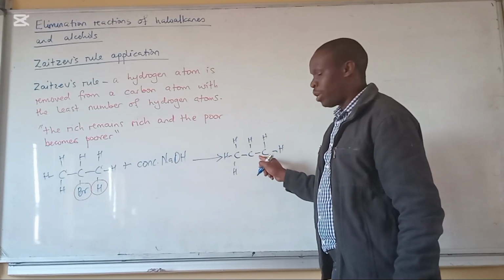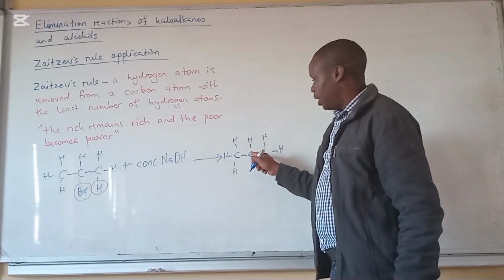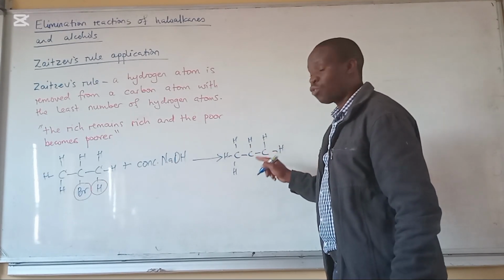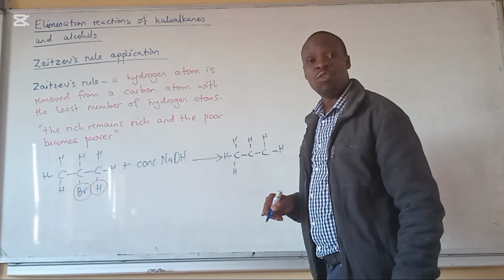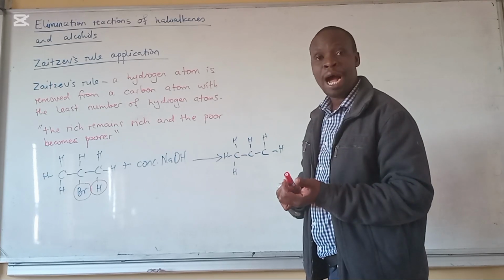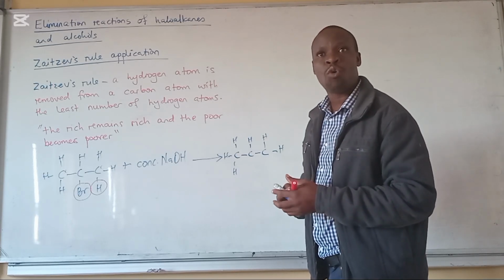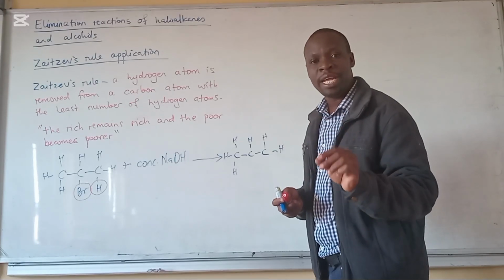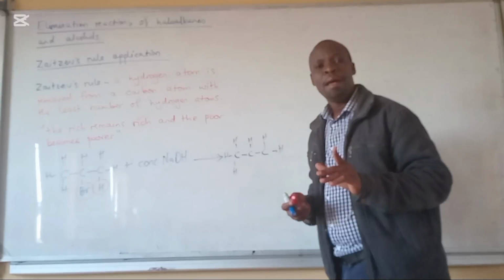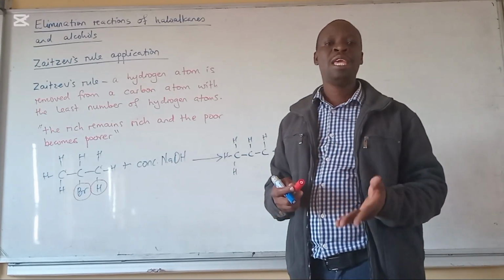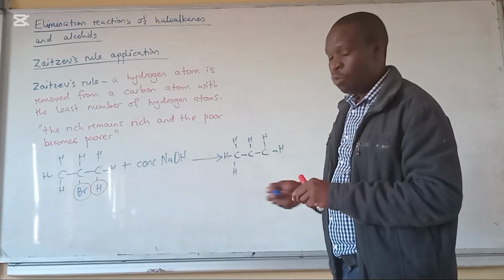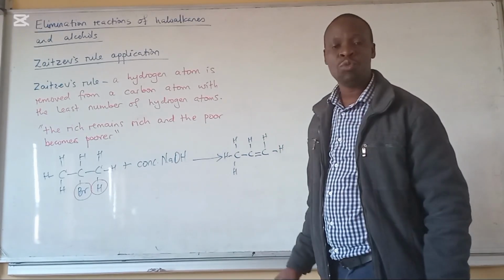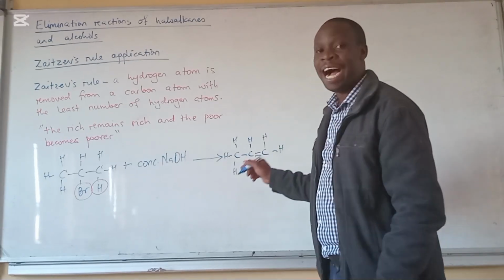Look at these 2 carbon atoms. This carbon atom is surrounded by three bonds, and this is also surrounded by three bonds. We cannot have a carbon atom in an organic compound surrounded by three bonds. Every carbon atom in an organic compound must be surrounded by four bonds. So we have to put a double bond here. So this will be the product, an alkene.